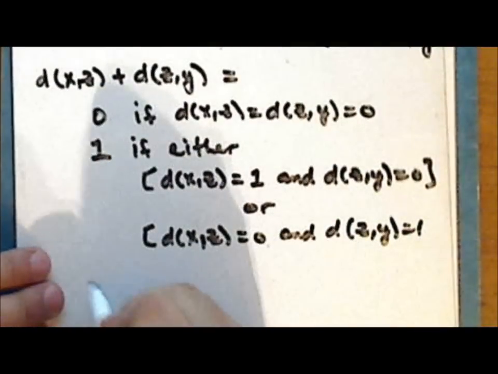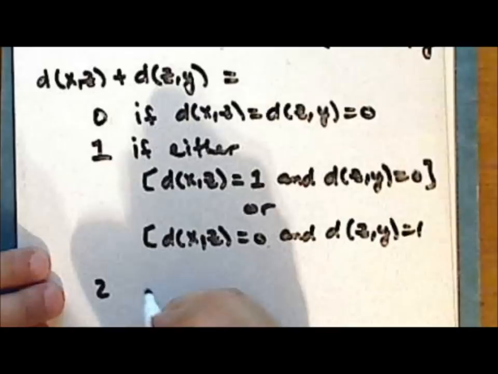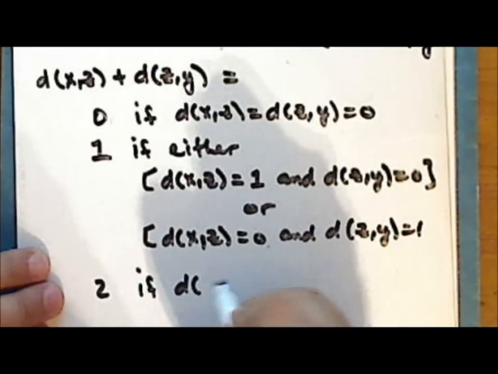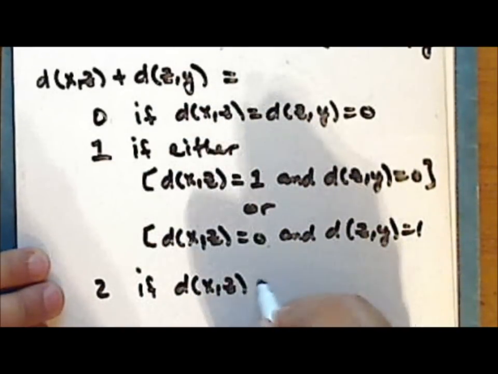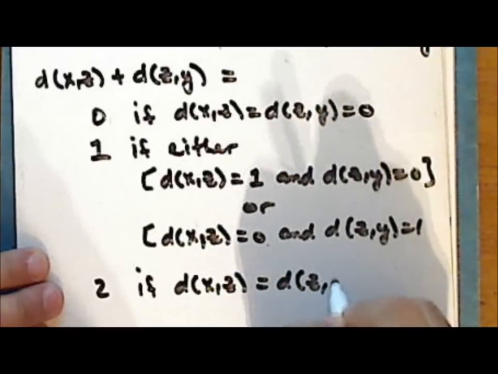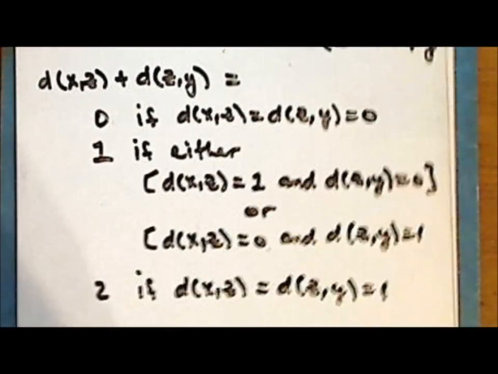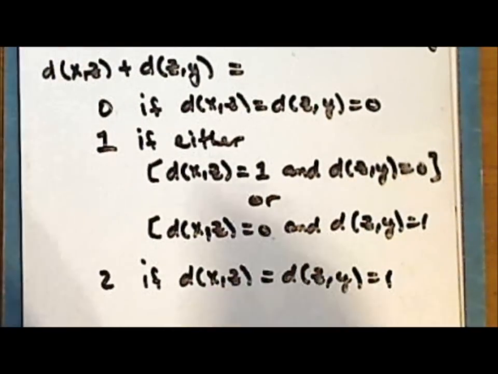And the sum has the value 2 if both the distances are 1. Okay, so we need to look at each of these cases.